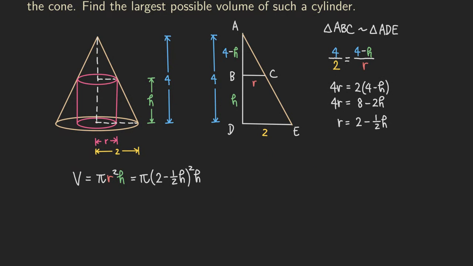And then to avoid having to use the product rule when we differentiate the function, we should really just expand this and then distribute the H. So let's do a little bit more algebra work. If you're expanding a square, then you are going to get what? 4 minus 2H, and then plus 1 over 4H squared, and then times H.